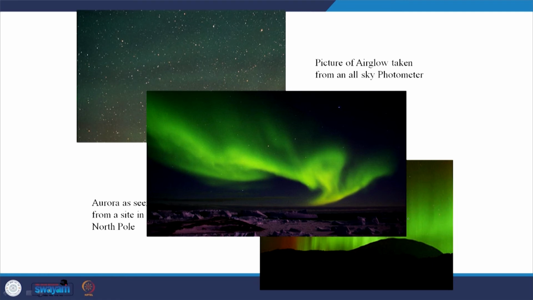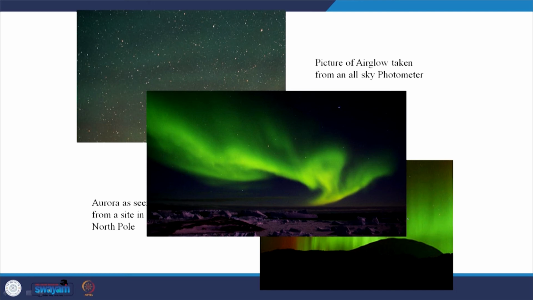The airglow or aurora appears distinct in terms of its color, and the main reason for airglow or aurora to appear in various colors is the participating species, the oxygen or nitrogen, which is actually getting excited into the higher levels and getting de-excited, subsequently releasing the photon at a particular wavelength. That is the main reason for airglow or aurora to appear in a particular color.